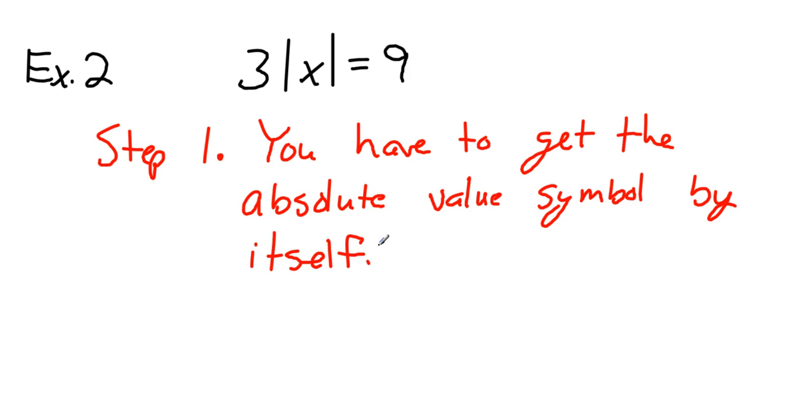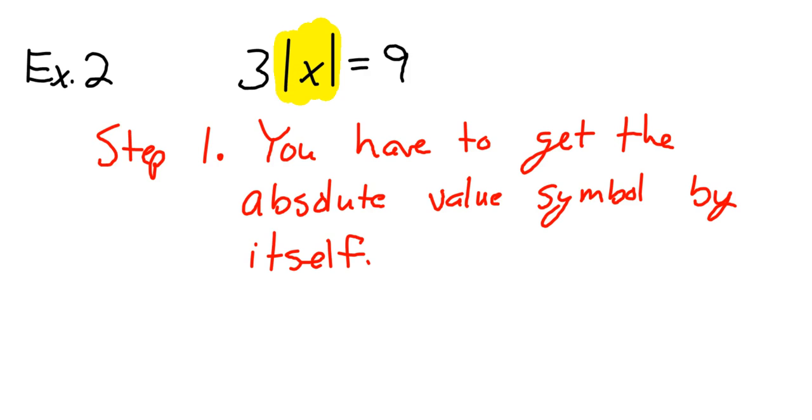No matter what you do, the one most important thing, and really it's only 2 steps, is you have to get the absolute value by itself. Sometimes you might have to add numbers to move them to the other side, you might have to do subtraction, division, or even multiplication. But you've got to get this thing by itself.